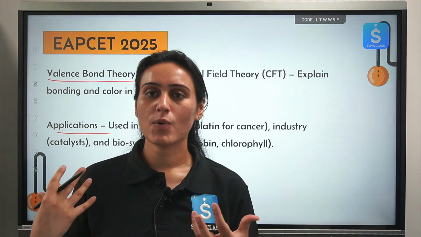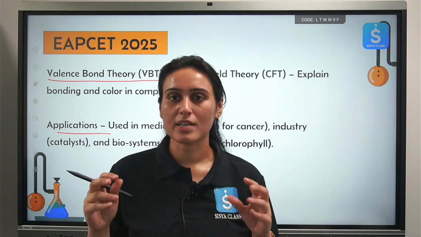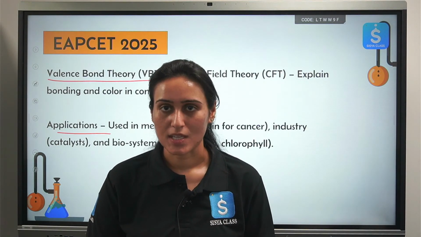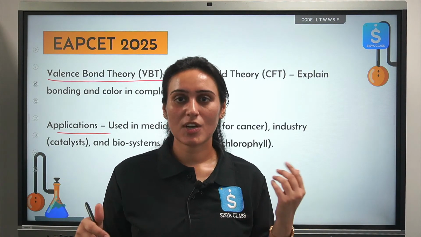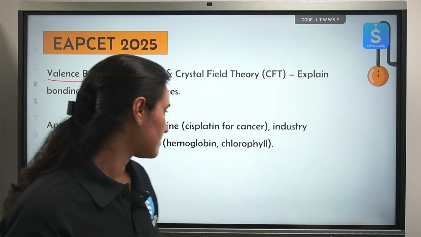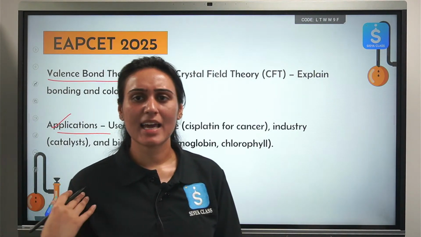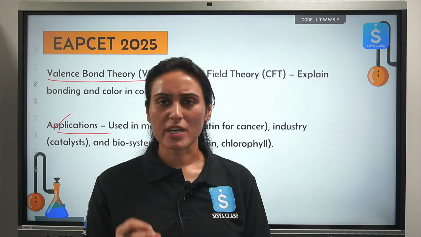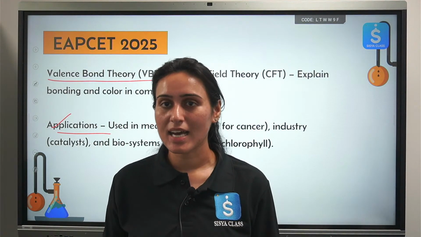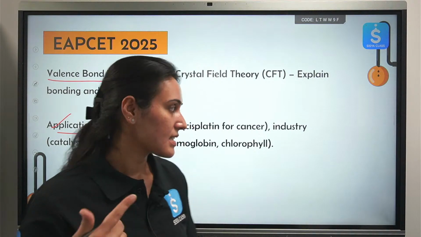They may give you a preparation of an important compound and they will ask you what is the catalyst used there. So they can be related to your d and f block elements also or your coordination compounds also. Okay, so please try to revise the application part of your coordination compounds, not everything. There will be a small table that you will find in your NCERT. Try to read it, it can come directly. Okay, see the next one.